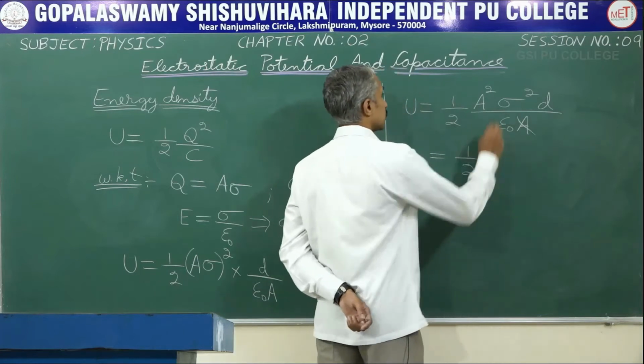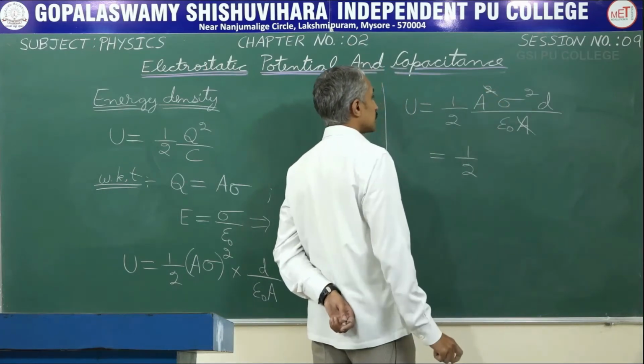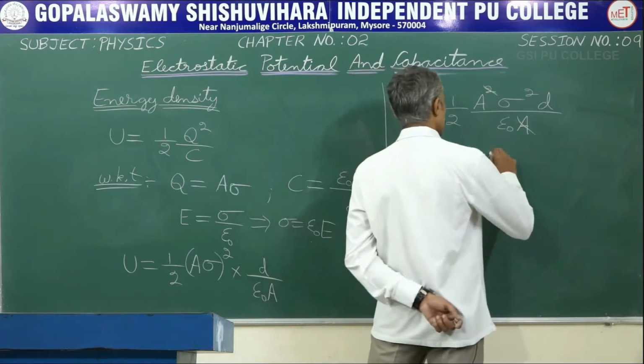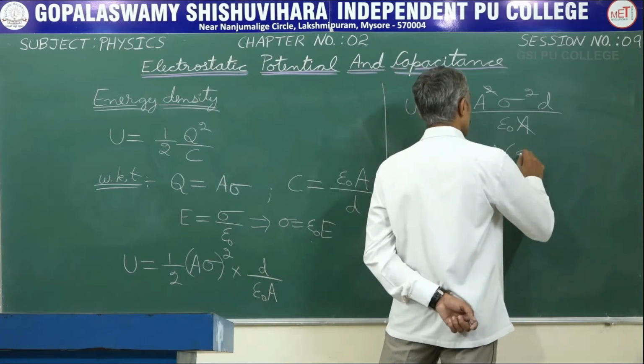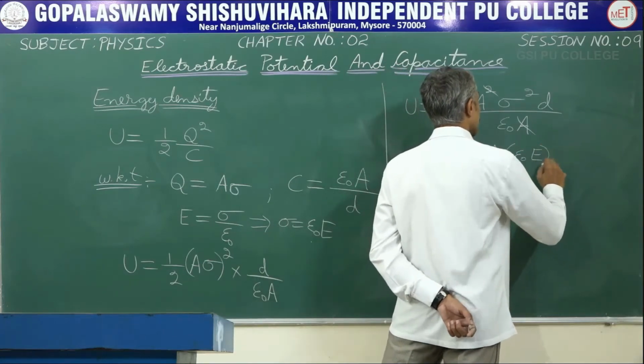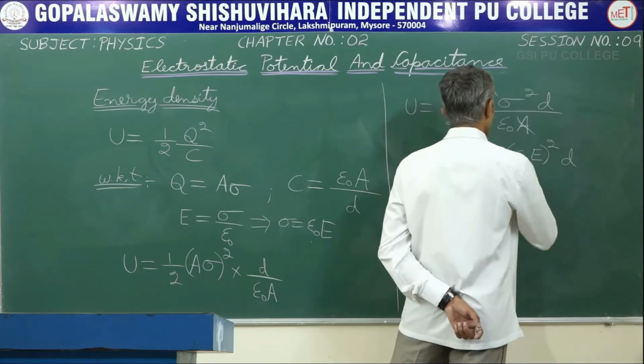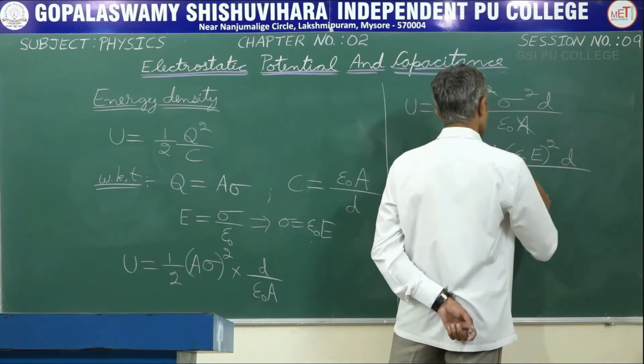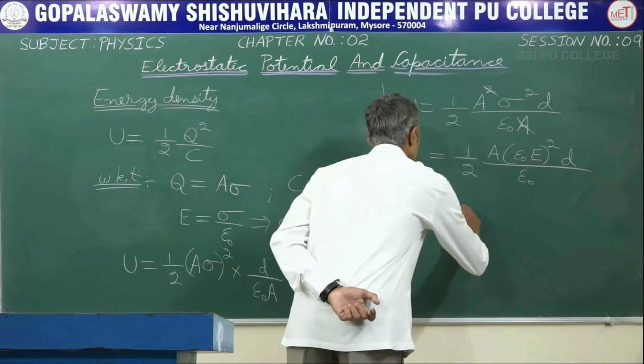Before that, let me take off the common in area, A into epsilon naught into E whole square into D divided by epsilon naught.